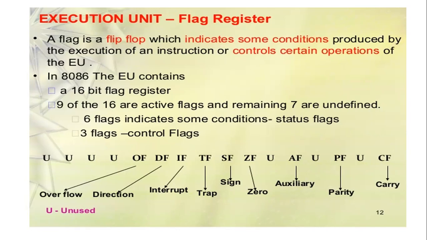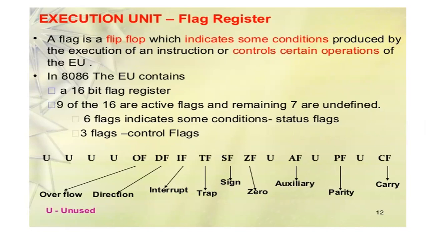Next is parity flag. This flag is used to indicate the parity of the result. That means when the lower order 8 bits of the result contain an even number of ones, then the parity flag is set.